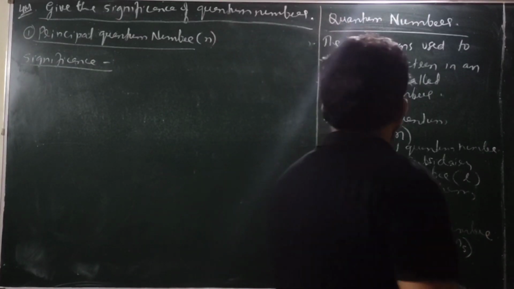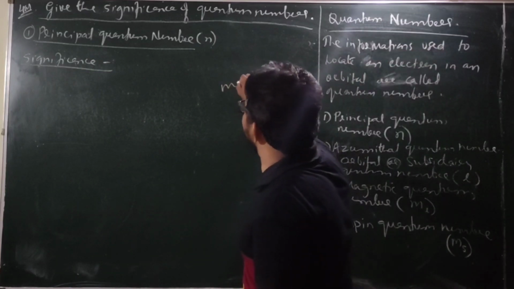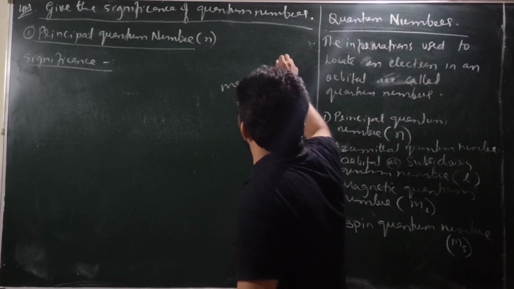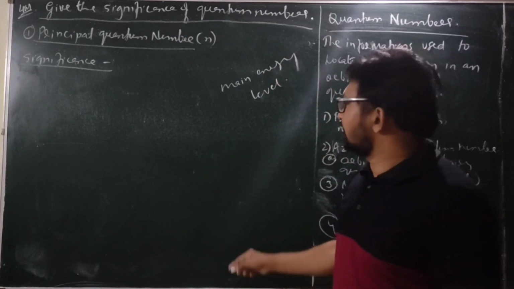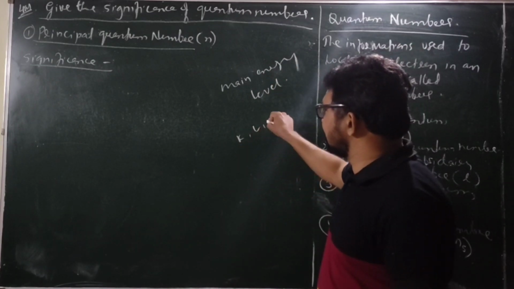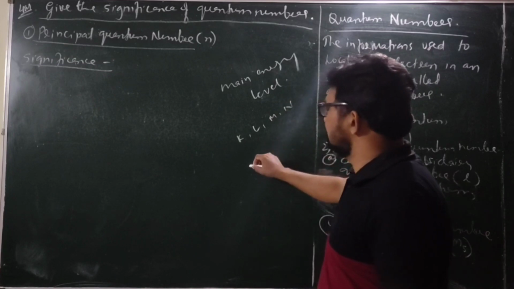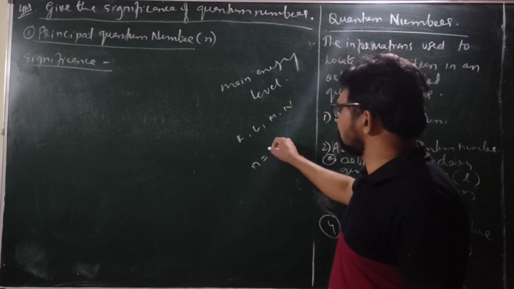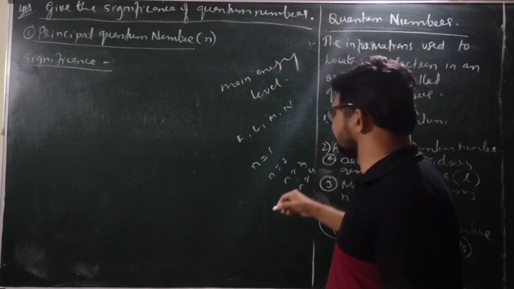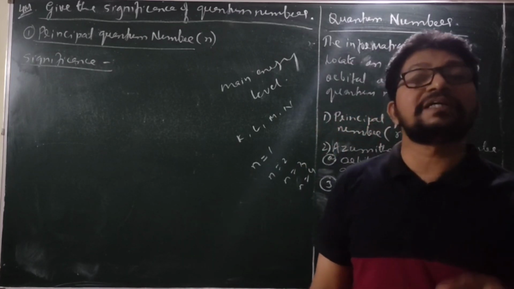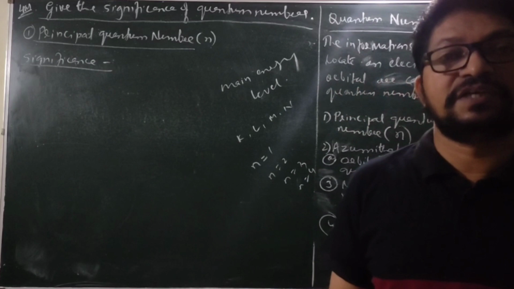It is also called the main energy level with respect to Bohr's theory, and they are designated with KLMN, or I have told you n equal to 1, n equal to 2, n equal to 3, n equal to 4, like that. That is given by the principal quantum number.